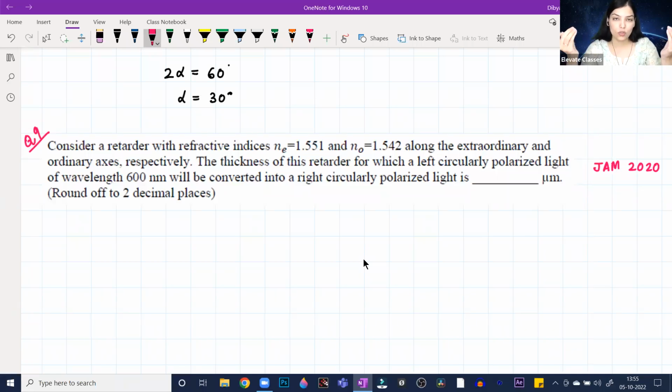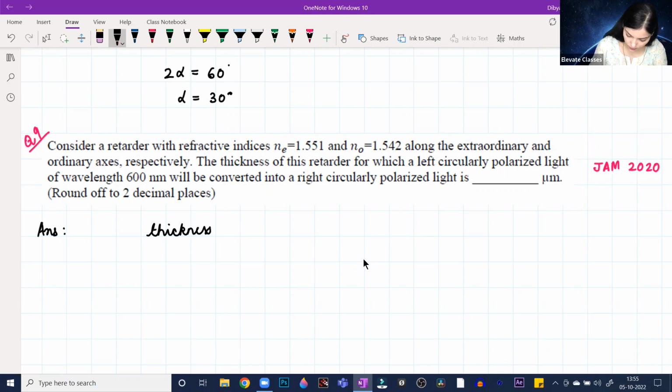To make a half wave plate, what optical path difference is needed? I have to introduce a path difference of λ/2. So go and use that formula. If the thickness of the retarder is, let us say, Z, then I have Z times the magnitude of NE minus NO. This should be equal to λ/2.